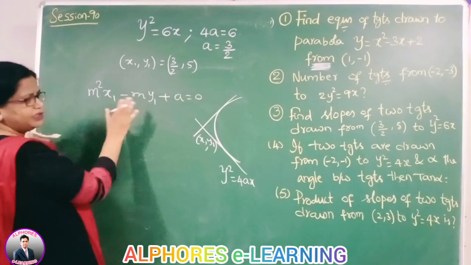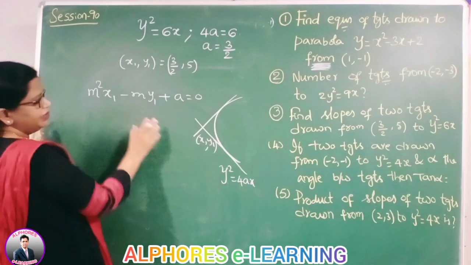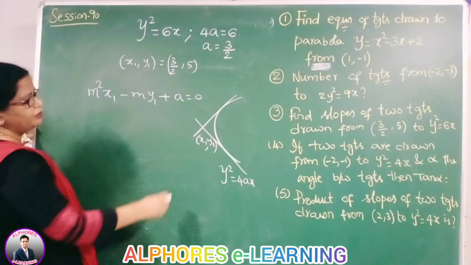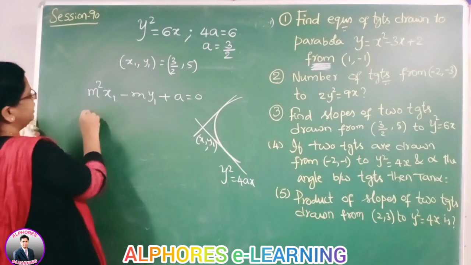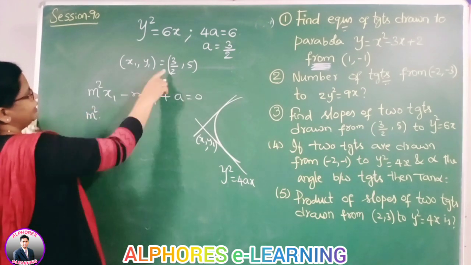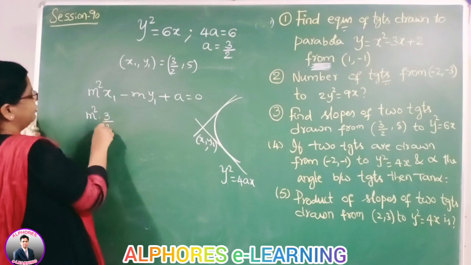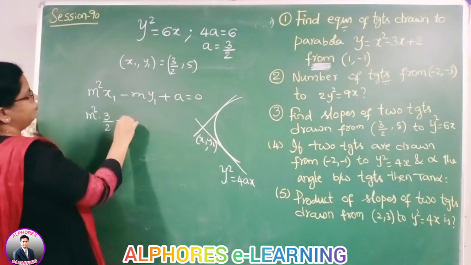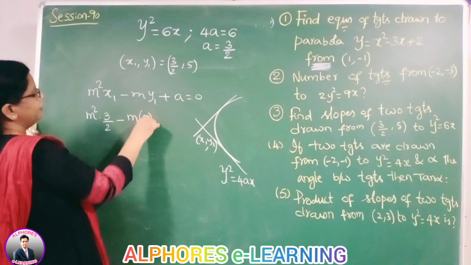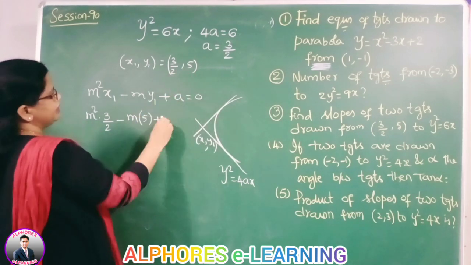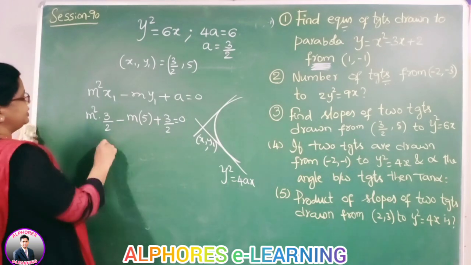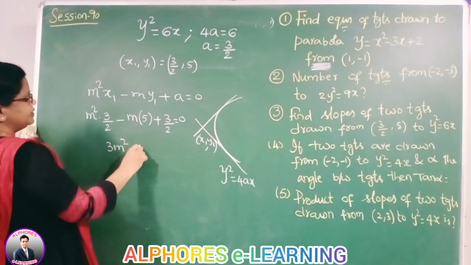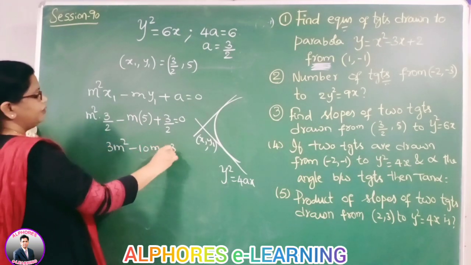So this formula, students, you can apply only to the standard form. Understand? Only to standard form you can apply. Now here m square, and what is our x1 value? It is 3 by 2 minus m y1, m into y1 means 5 plus a means here 3 by 2 is equal to 0. That implies 3m square minus 10m plus 3 equal to 0.